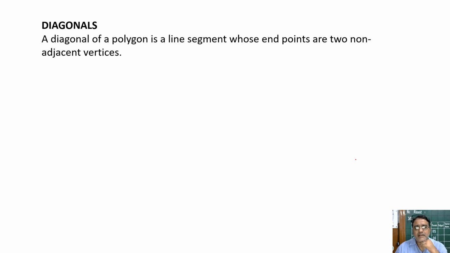Right. Now the next term is a very important term, diagonals. A diagonal: जब हम लोग नॉन जॉइंट वर्टेक्स, दैट इज ऑपोजिट वर्टाइसेस को ज्वाइन करते हैं, दैट लाइन सेगमेंट इज कॉल्ड डायगोनल. So a diagonal of a polygon is a line segment whose endpoints are two non-adjacent vertices, that is opposite vertices.